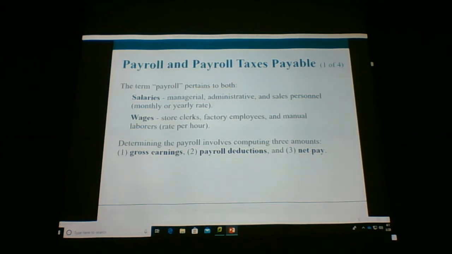so let's think about payroll and payroll taxes as they pertain to a company's liabilities. Almost all of you watching this who've ever sat in the classroom have had a job, or you know someone who has had a job, okay?